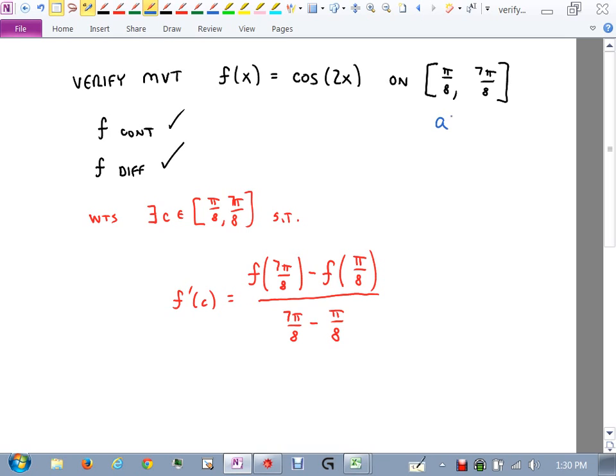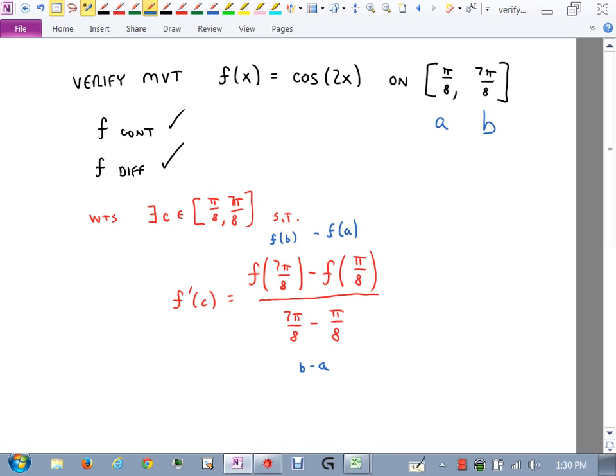So remember, I'm using the fact that we're given the a and the b, the endpoints of the interval. This right here is f of b minus f of a over b minus a. That's always going to be the same in every one of these problems. Your right side of the equation will always be f of b minus f of a over b minus a. The left side will always be f prime of c, always. For mean value theorem.